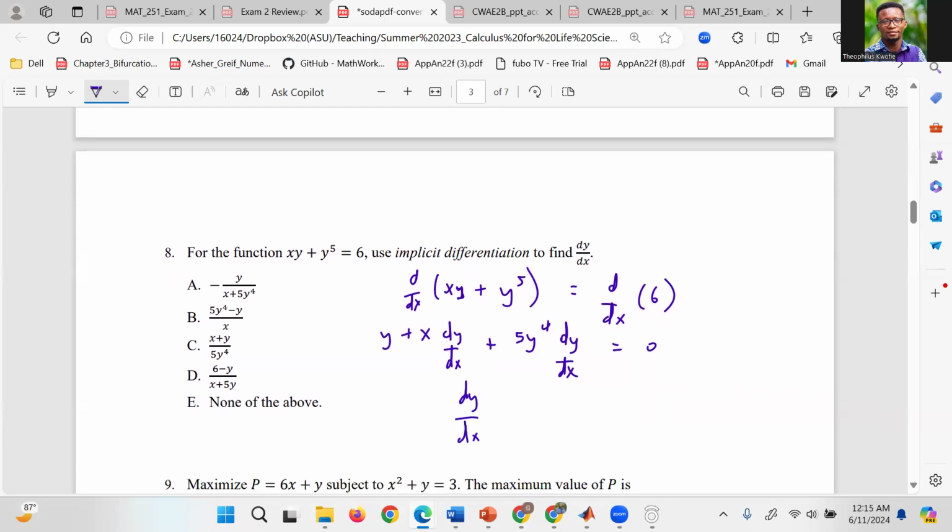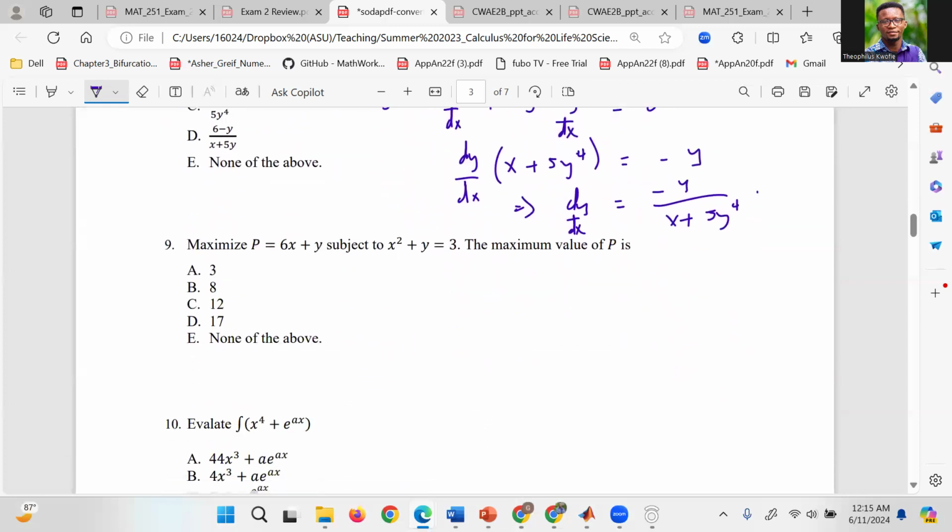So at this point, we just isolate terms with dy/dx. So our result will be A, okay?